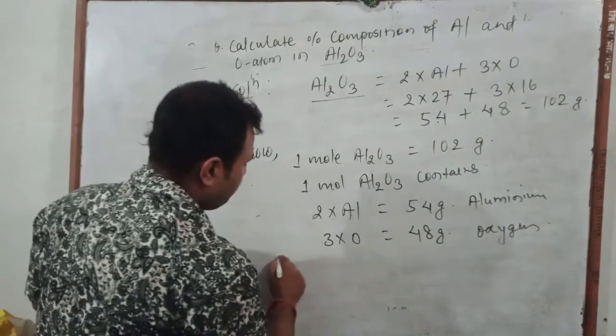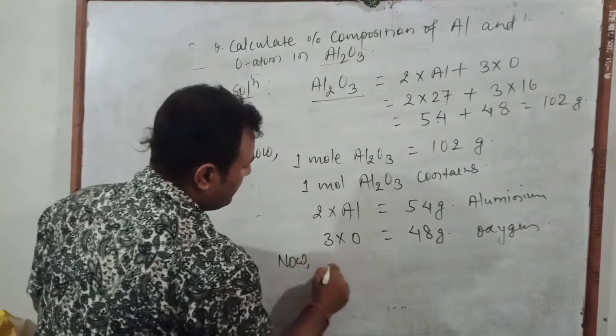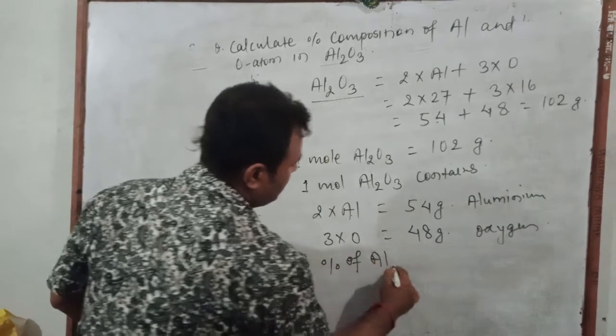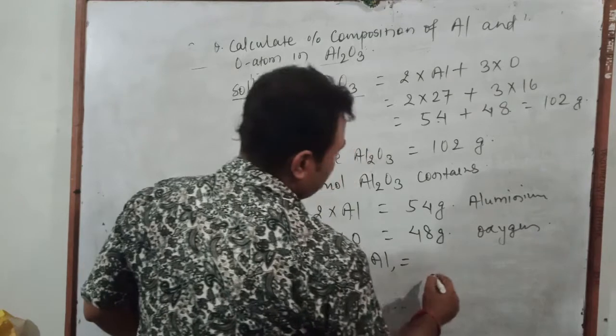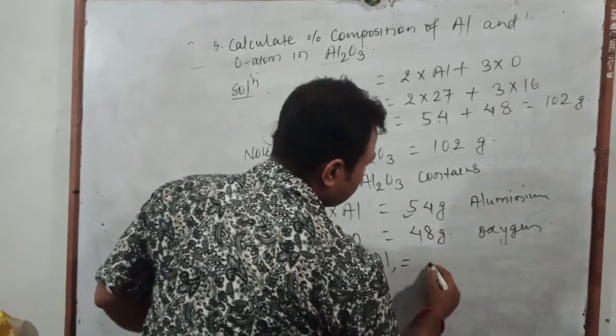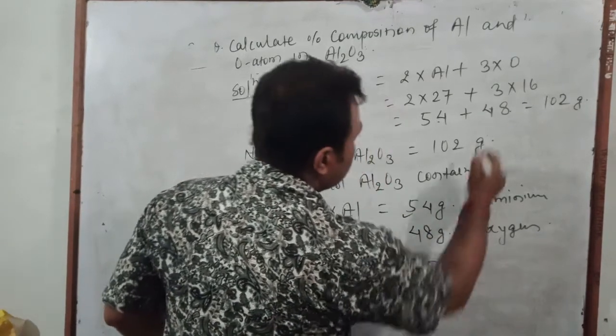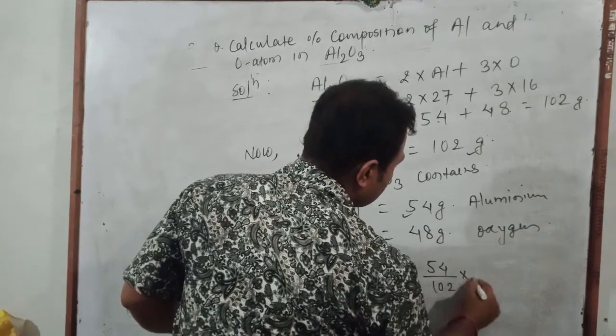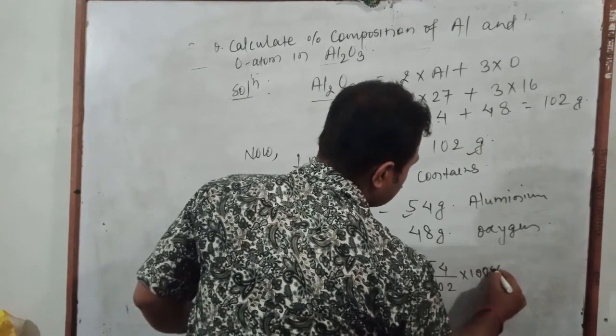Now the percentage of aluminum is the aluminum mass, 54, divided by the total mass 102, into 100%.